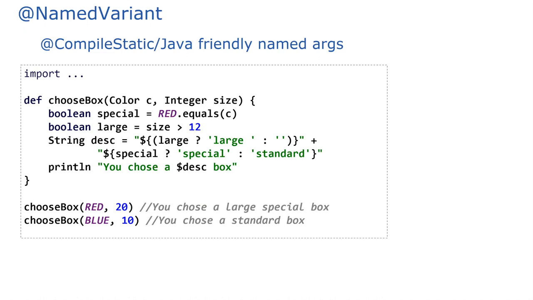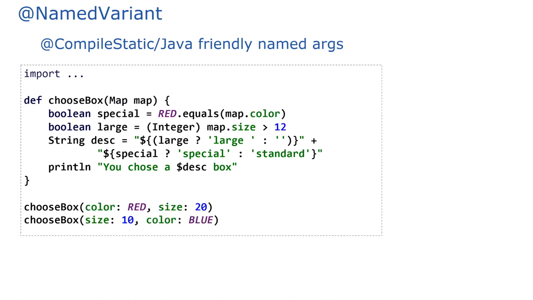In the choose box method, we can specify the color of the box and the size, and they're strongly typed parameters. But if we specify them in that way, then we have to call the choose box method in the normal tuple fashion, so we're calling chooseBox red and 20 and so on.